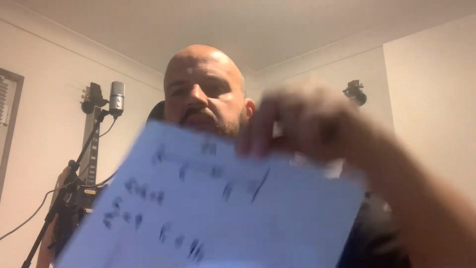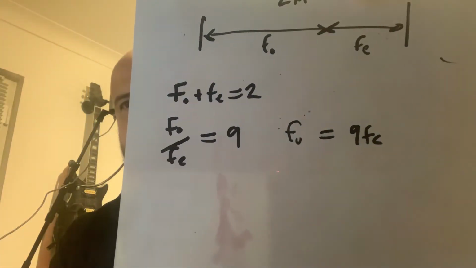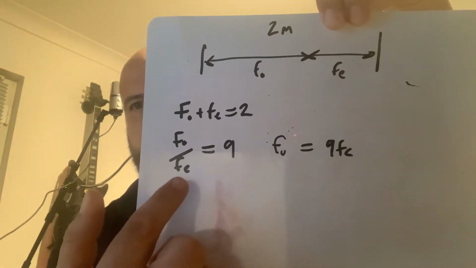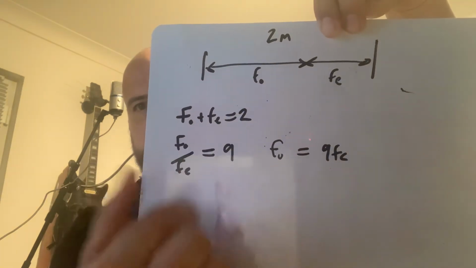So what that tells me is that FO is equal to 9 lots of FE. Just take a look at that and see that you understand that. So FE multiplied by 9 is going to give us FO.